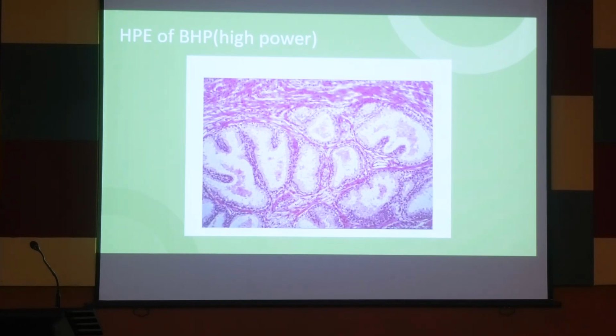This is stroma, and this is stroma, but these are glands. The glands are mostly closely facing each other, sharing a common margin, cystically dilated and filled with secretion. This is the histopathology picture of high power view of benign hyperplasia of prostate.